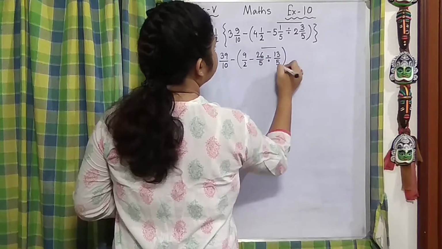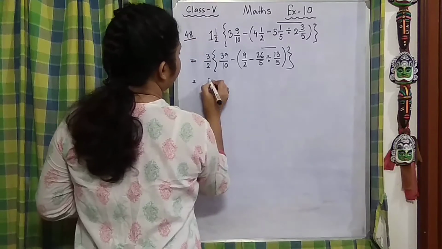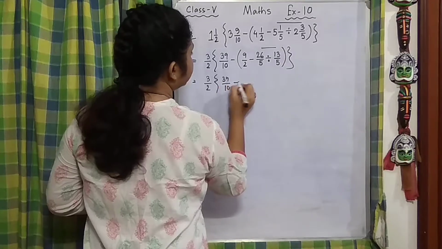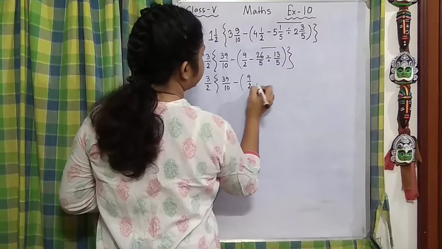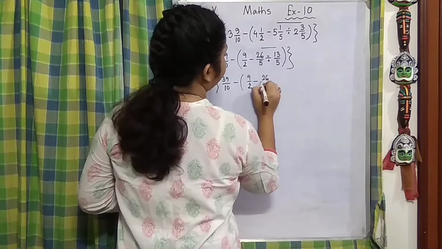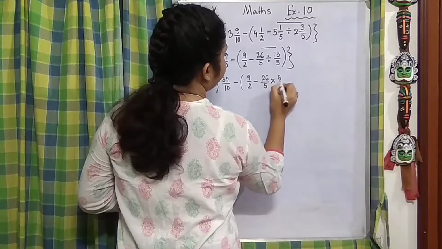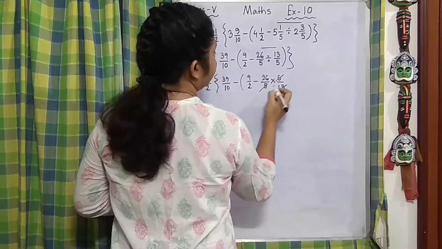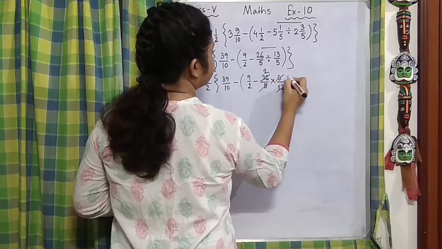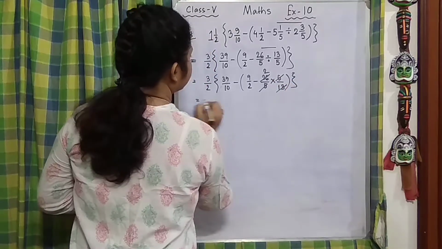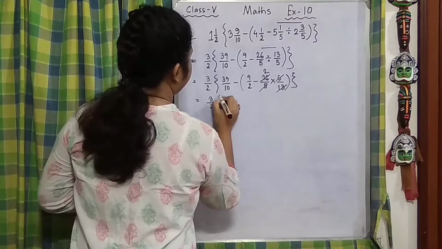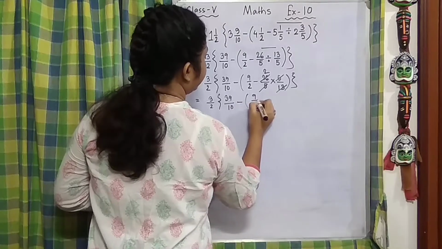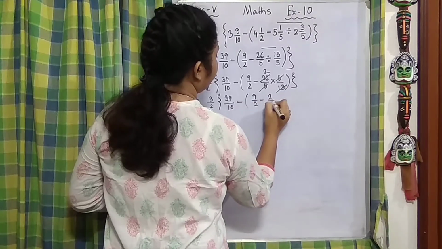So here there is the vinculum. So we are going to do that first. So here we are going to keep the others as they are, intact, and we are doing it first. Now 5 is cancelling out with 5 and 13 2s are 26. Once again 3 by 2, 39 by 10 minus 9 by 2 minus 2 by 1.